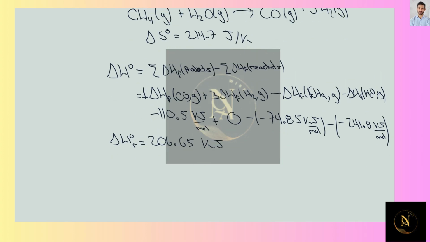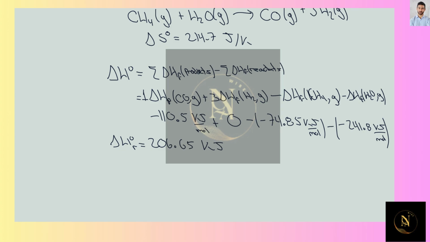Now, we're provided with the value for delta S, so we can calculate delta G for the reaction as follows. Delta G for the reaction is equal to delta H minus T delta S. So this is 206.65 kilojoules minus 298 Kelvin times 214.7 joules per Kelvin. We are considering the temperature to be 298 Kelvin.